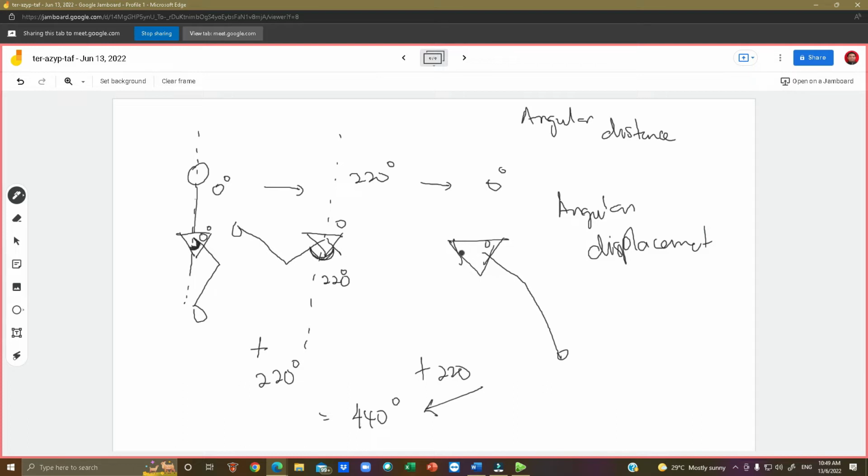So, how much is the displacement for this leg? It becomes kosong. Tidak ada displacement. Why? Because it starts and ends at the same place. So there is no angular displacement. Jadi angular, bila kita cerita angular, sebenarnya kita cerita rotation dia dekat bahagian itu. That will be the distance.